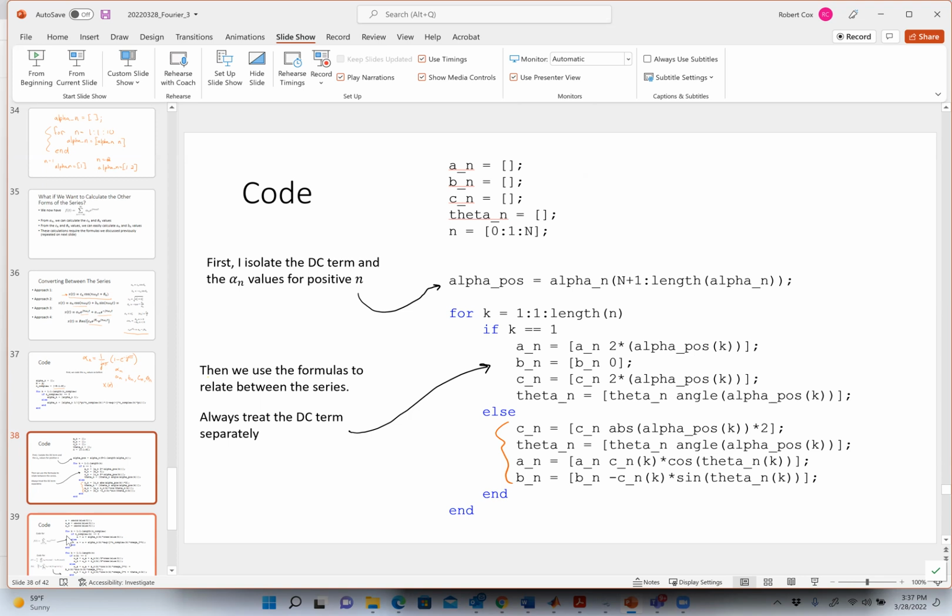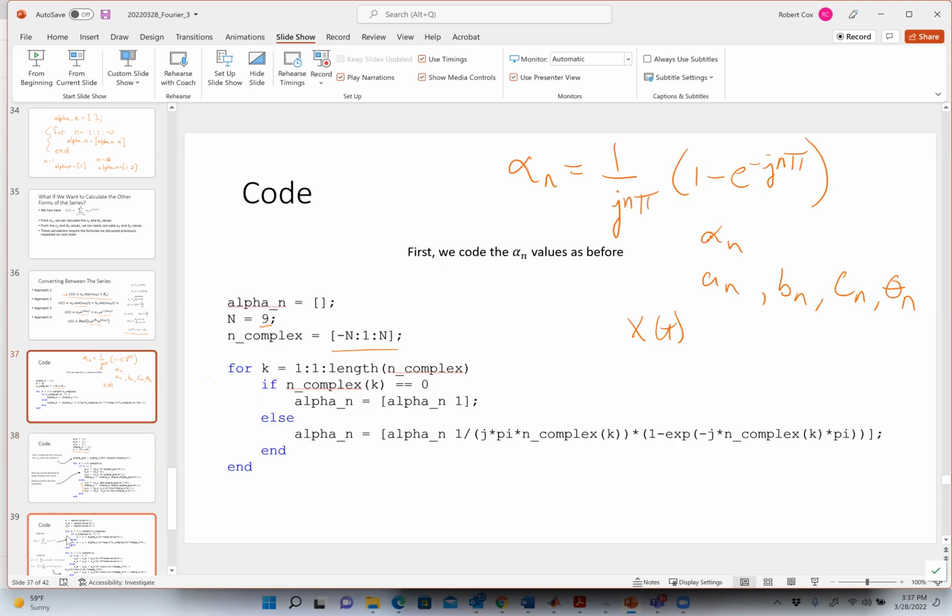So what I'm doing is I've created an n vector which goes from 0 to capital N. Just to be clear, capital N here is the highest harmonic of interest, let's call it. So in other words, I'm only trying to go up to the Nth harmonic.